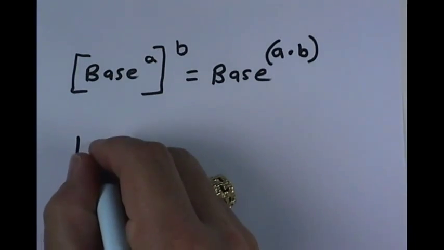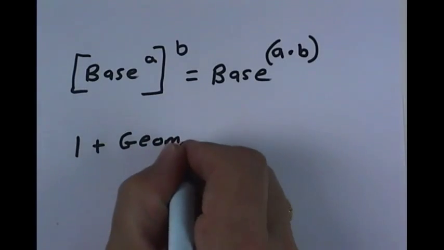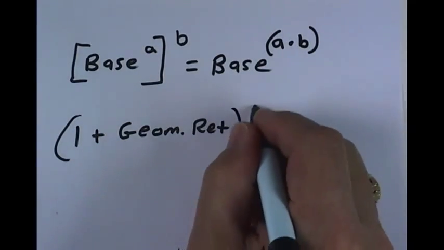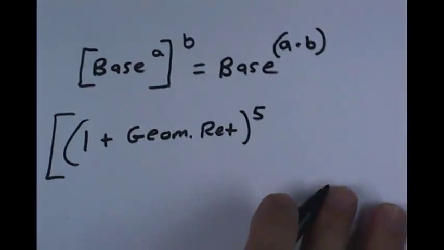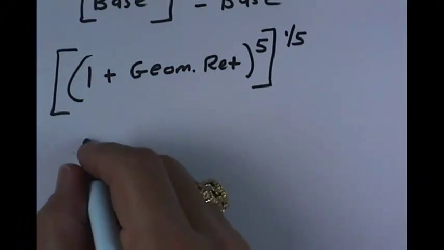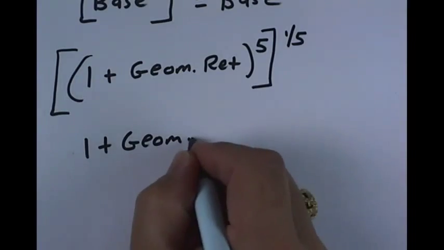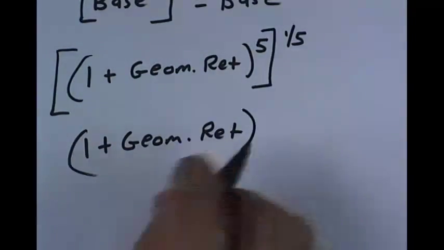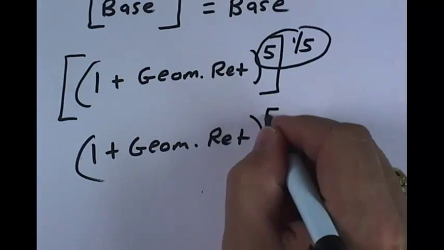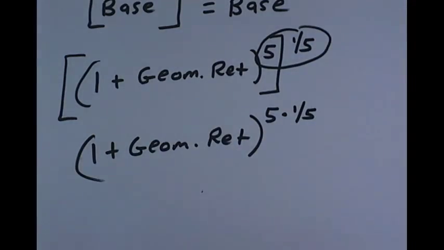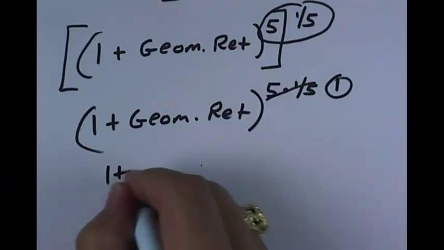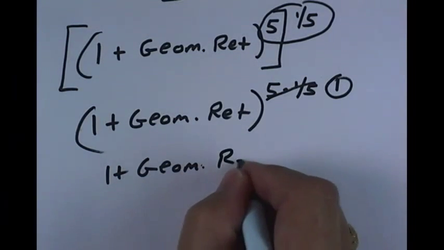So in this example, where we have 1 plus that geometric return that was raised to the 5th power, and then we wanted to take the 5th root, or raise that to the 1/5 power, then that would be the same as taking 1 plus the geometric return and raising it to a power equal to the product of those two exponents, which of course gives us the exponent of 1, getting the 1 plus the geometric return by itself.